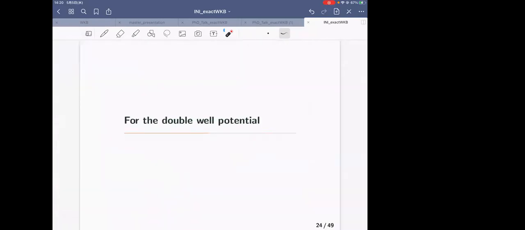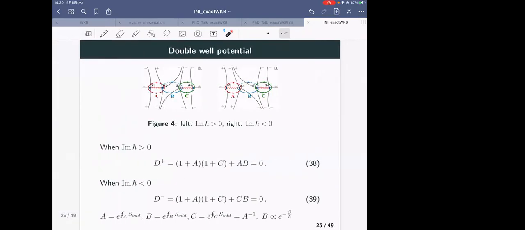Okay, so let's go to the double-well potential and also after that the periodic potential. In the case of the double-well potential, remarkably, the topological structure of the Stokes graph changes when we change the imaginary part of h bar like this.